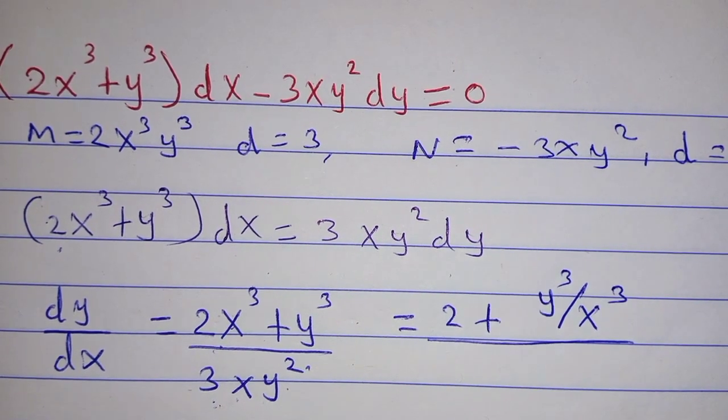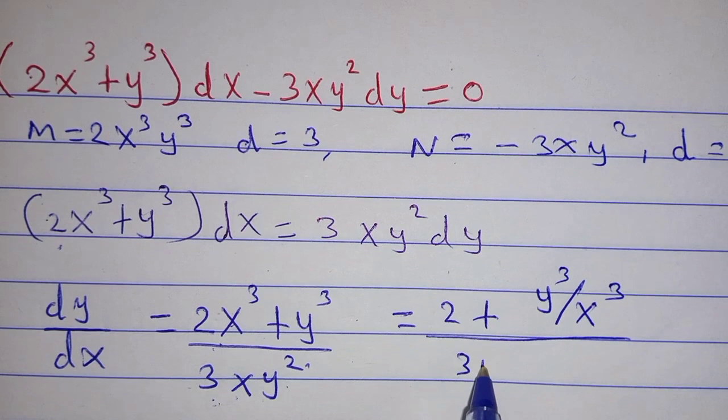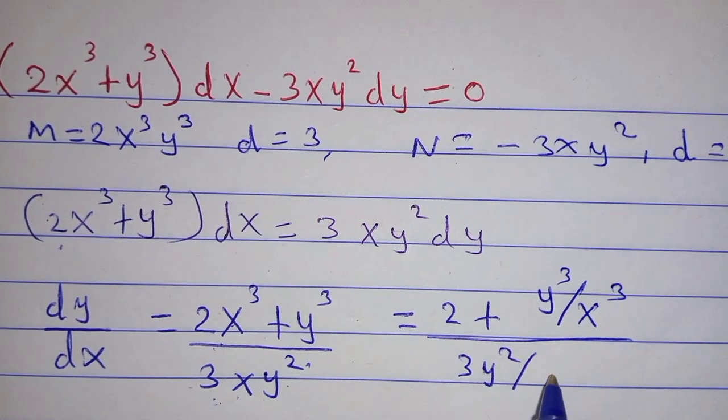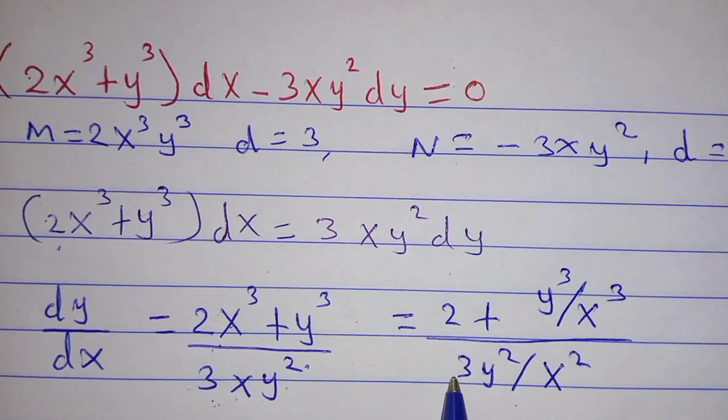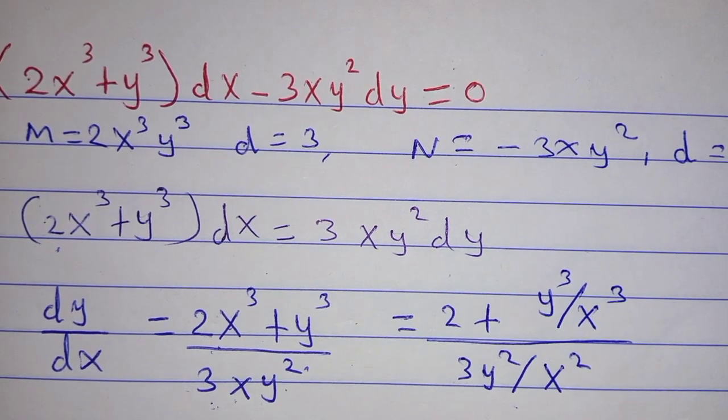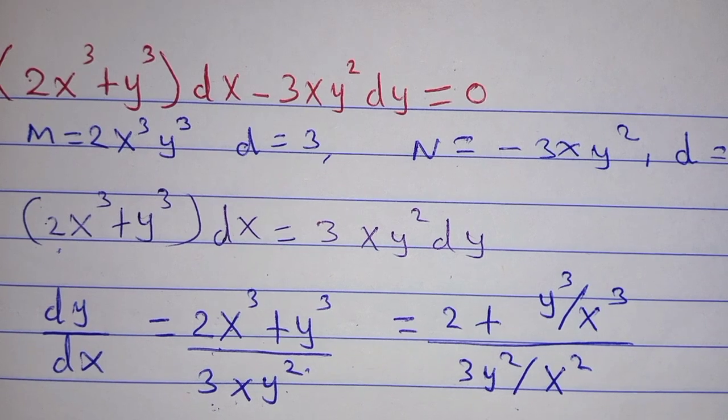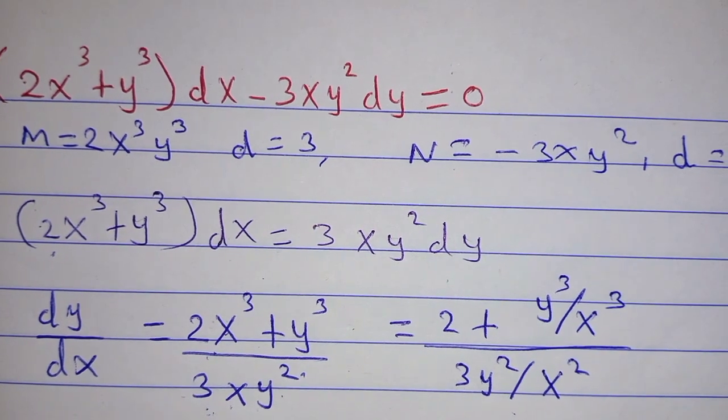So it means we will be left with the 3y squared over x squared because one of the x has cancelled out.